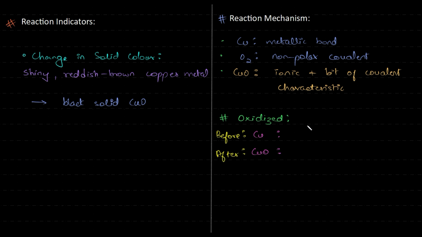When it was Cu, its oxidation state is 0. And here the oxidation state is +2. Why? Because oxygen wants -2, so copper has to be +2.